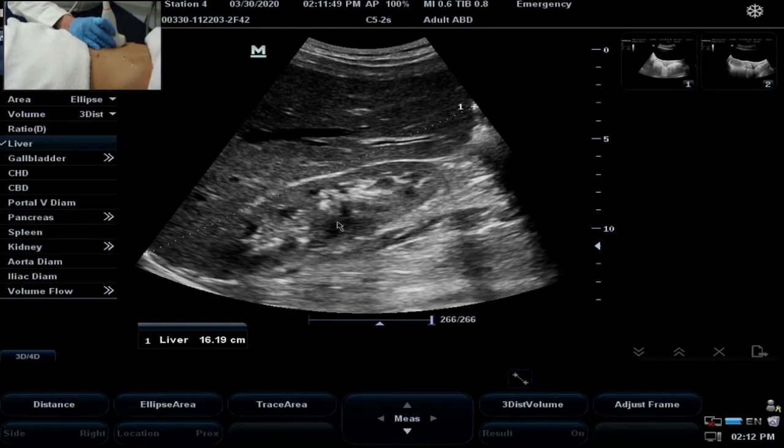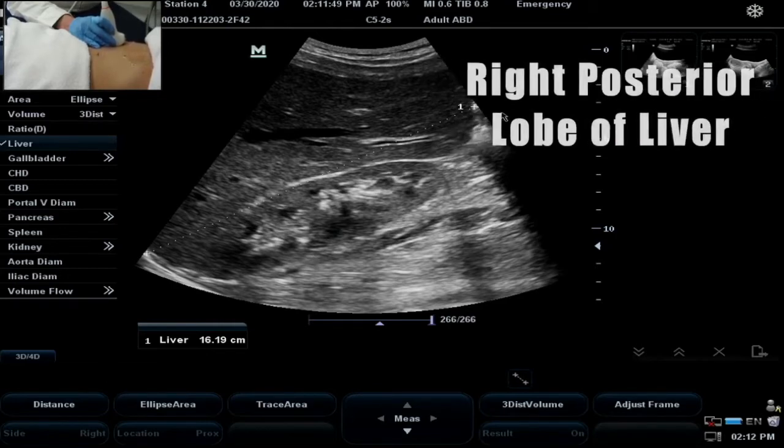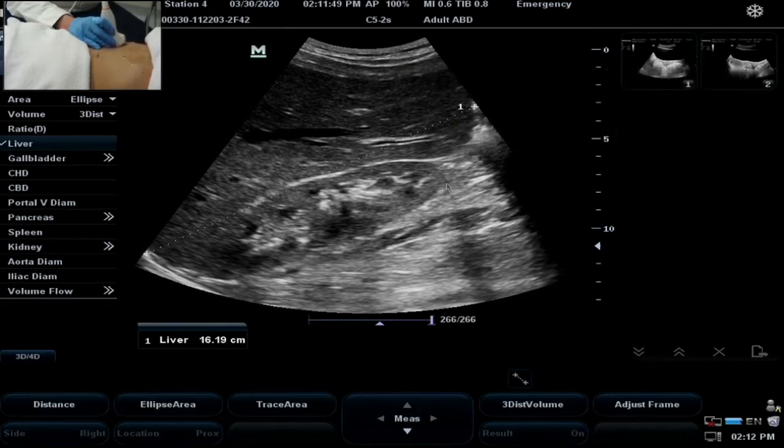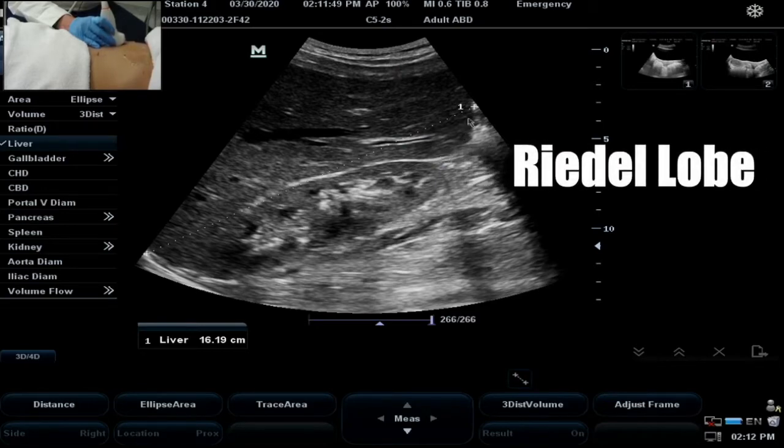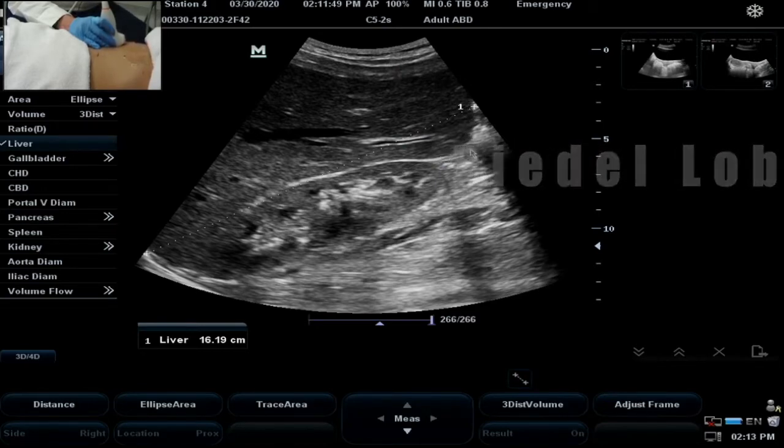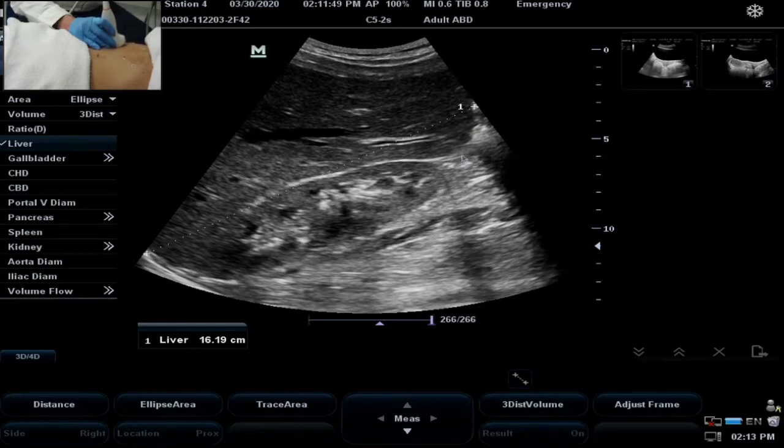Another thing I'd like you to look at on this image is the right posterior lobe of the liver. And if the right posterior lobe of the liver extends inferiorly beyond the lower pole of the right kidney, the patient has what is called a Riedel's lobe, a normal variant. This normal variant is very common in women, much more commonly seen in women than in men.